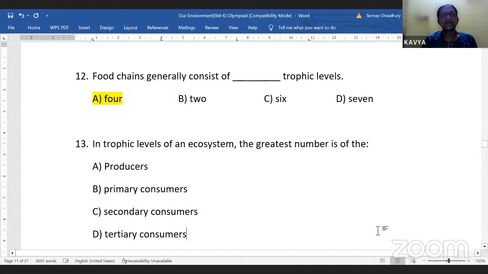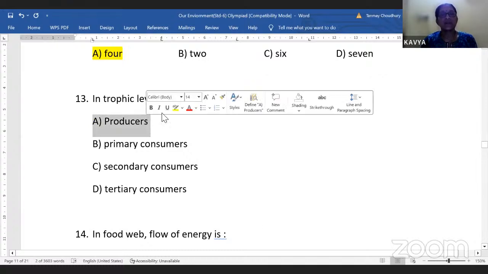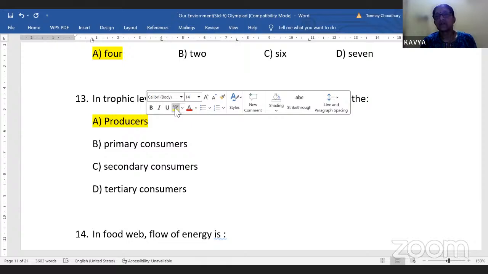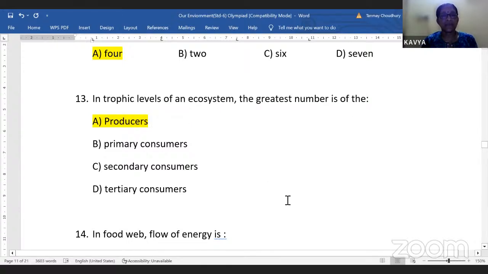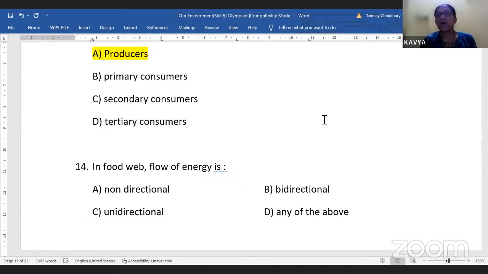In trophic levels of an ecosystem, the greatest number is of the producers, that is the green plants, because everybody is depending on green plants. So that will be the greatest numbers. In a food web, the energy is flowing from one trophic level to a higher trophic level.